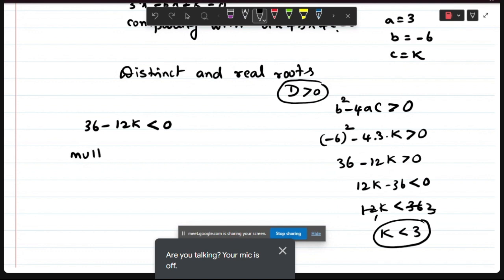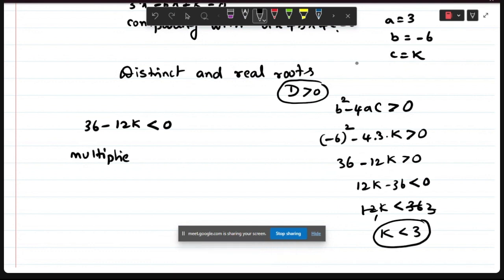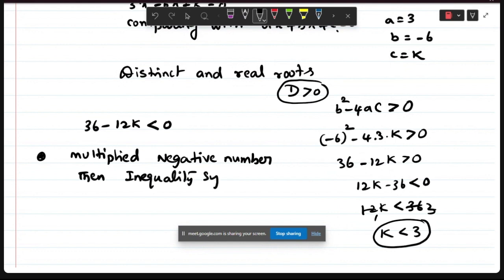If you multiply by a negative number, then the inequality symbol will be changed.